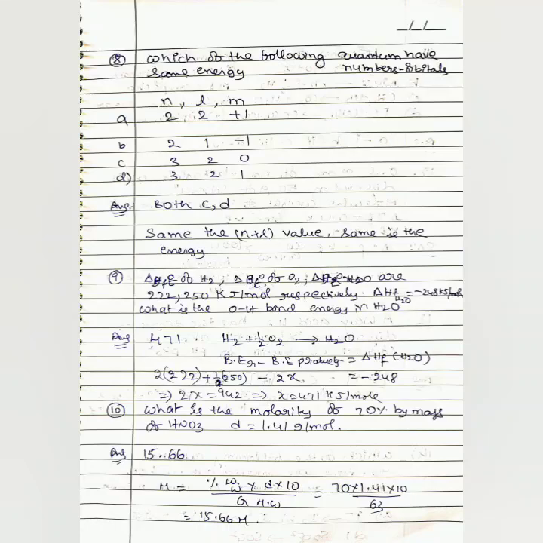Next one, which of the following orbitals with the quantum numbers have the same energy? For orbitals to have the same energy, they should have the same n plus l value. By checking their n plus l value, we can say that the C and D options will have the same energy. Next one, here they have given the enthalpy of reactions, formations of H2O2 and H2O.